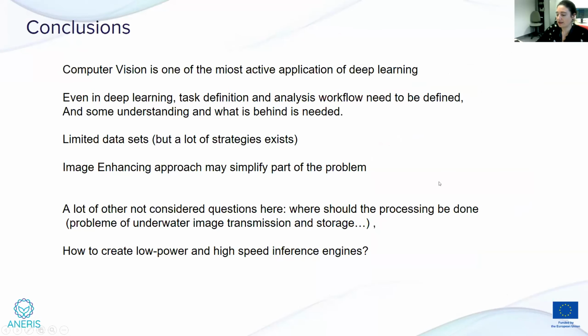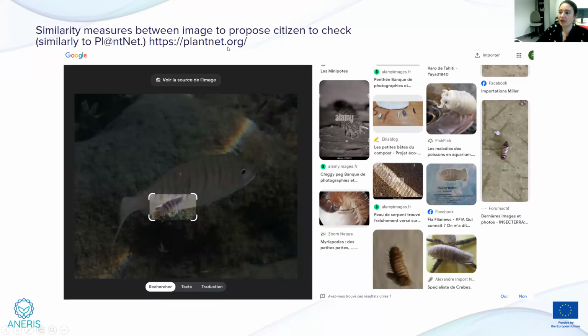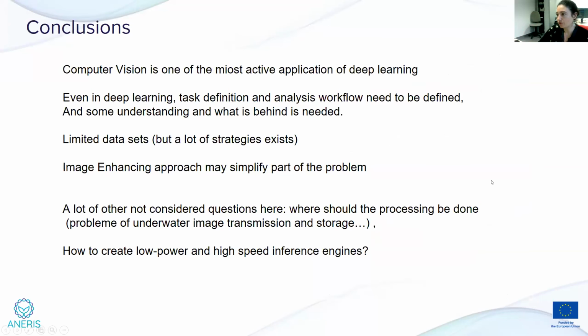And this is what is used in PlantNet. Once again, it comes with your full workflow of designing what you want to do: maybe you can use this kind of image similarity to help with the classification, refine the classification, add more species also, and continuously train your network.